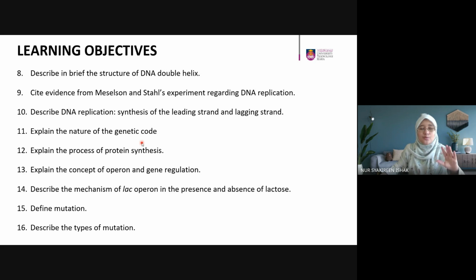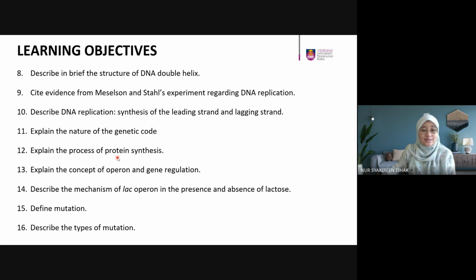Okay, so for one amino acid to be coded by the DNA or RNA, it must consist of 3 bases. We call it as codon. Okay, each amino acid has its own codon, has its own genetic code. Okay, so 3 bases is the codon that codes for specific amino acids. That will lead to the synthesis of polypeptide to become certain proteins.